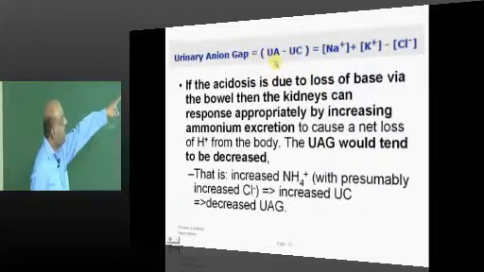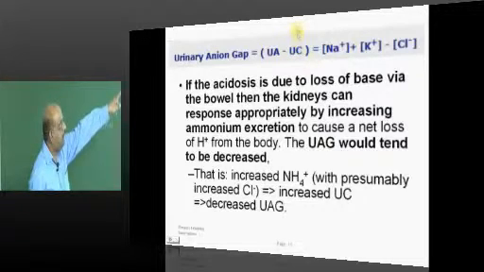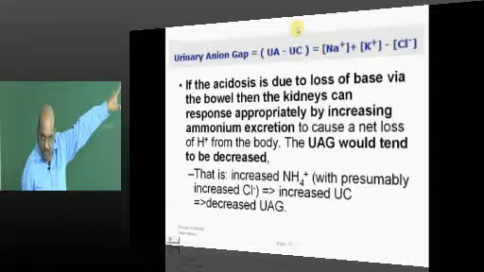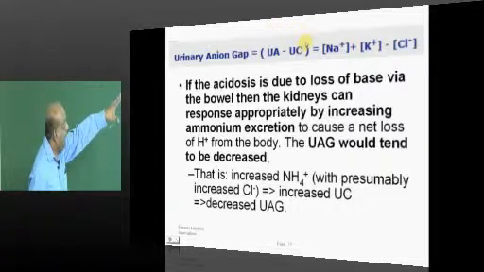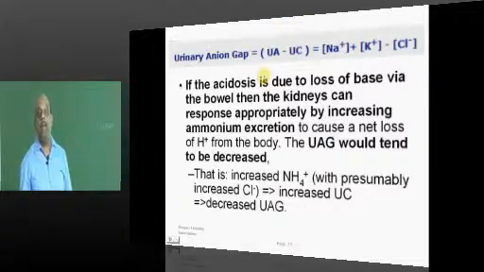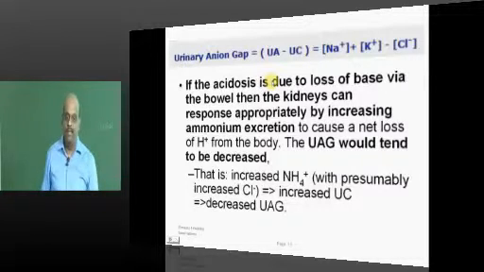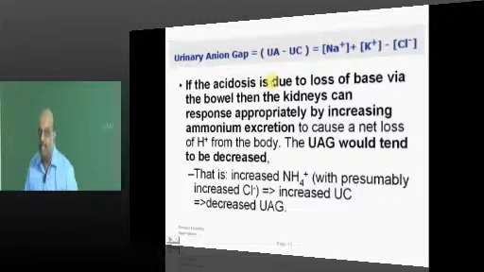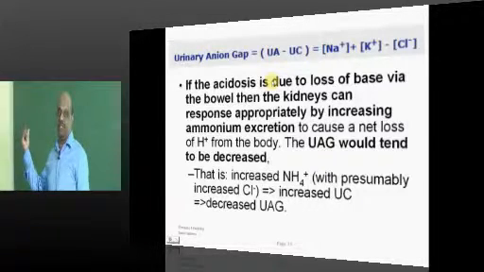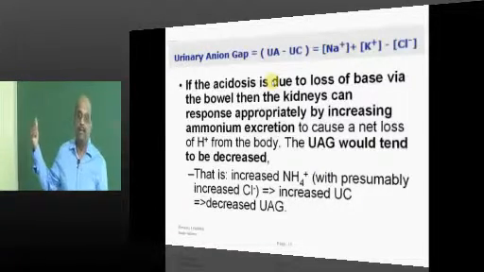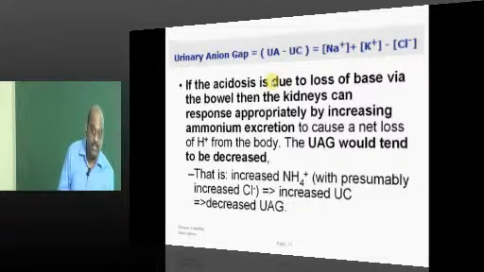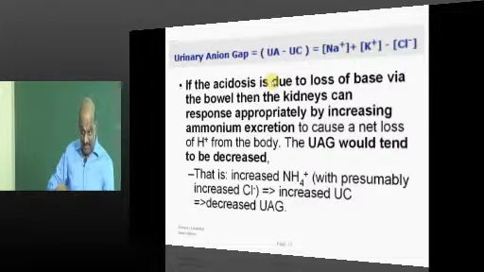Hence what happens to the urinary anion gap when an unmeasurable cation like ammonia increases? It typically decreases. So what does a decreased urinary anion gap mean? Kidney is producing excess NH4 plus into urine in response to acidosis. Hence urinary anion gap will be reduced if the underlying cause is gut.